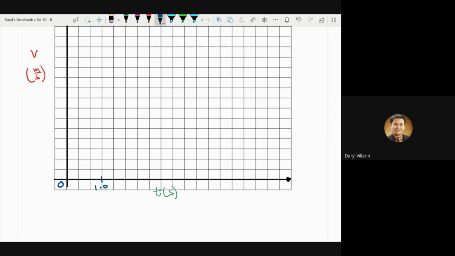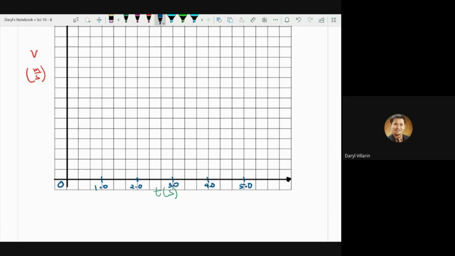If you can see, the space from 0 to 1 is 3 boxes. So that means I'm also gonna need to use the same space, the same distance, from 1. And again, the scale is 1, so 1 plus 1 is 2, then 3, then 4, then 5.